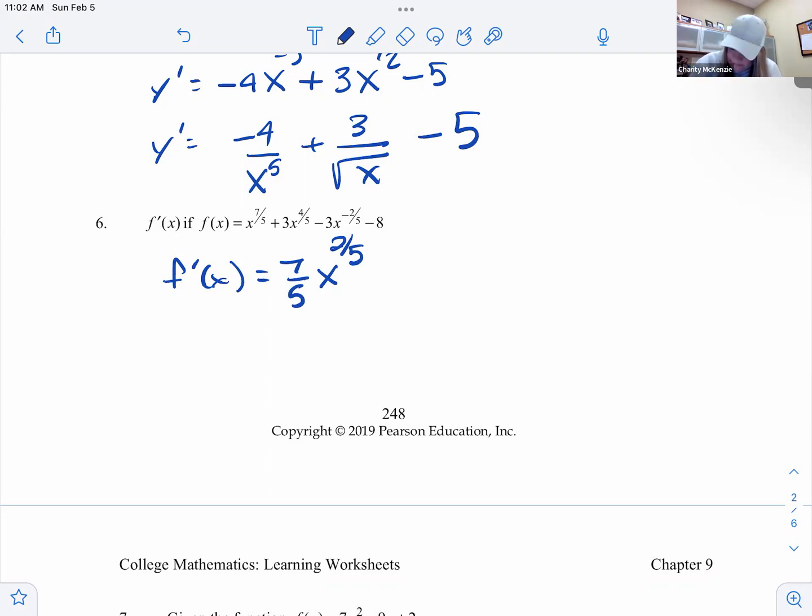Okay, plus 3 times 4/5. So think of it as 3/1 times 4/5. So that's going to be equivalent to 12/5. Okay, so we would have 12/5 because 3 times 4 is 12. X, and then 4/5 minus 1. Well, 5 make a whole, so I'm going to be at negative 1/5.